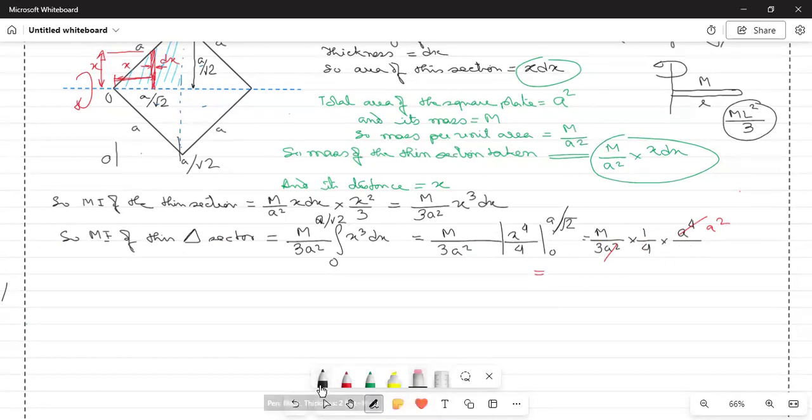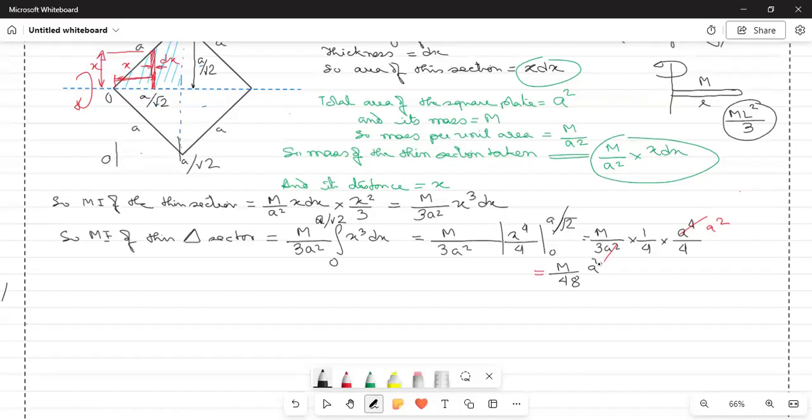Root 2 to the power 4 is 4, because root 2 into root 2 is 2, and 2 to the power 2 is 4. So the a square gets cancelled, and we are remaining with a square by 4. This is equal to m upon 3 into 4, which is 12, then 12 into 4, 48. M a square upon 48.